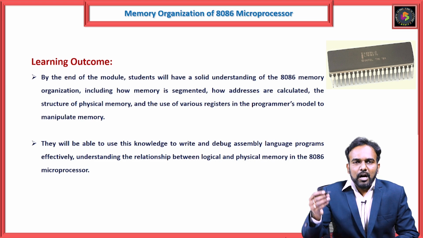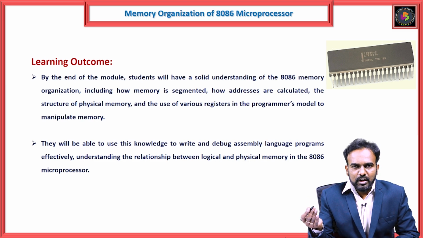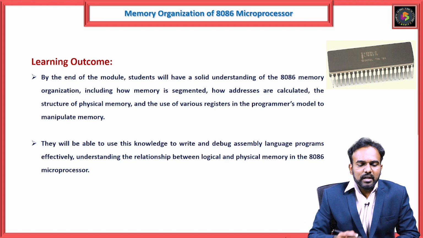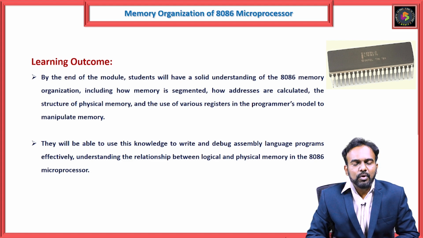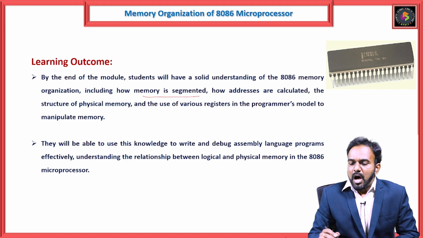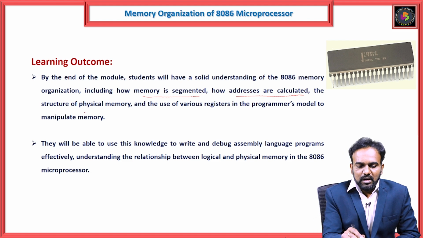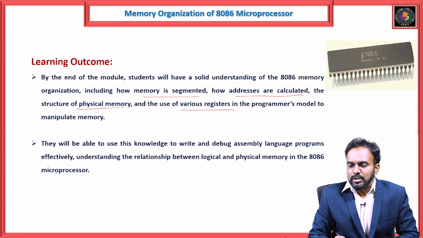After learning all those things, memory segmentation, memory addresses, physical memory organization and the programmer's model, finally that is the learning outcome here. By the end of this module, students will have a solid understanding of the 8086 microprocessor organization, including how memory is segmented, how the addresses are calculated, the structure of physical memory, and the use of various registers in the programmer's model to manipulate the memory.